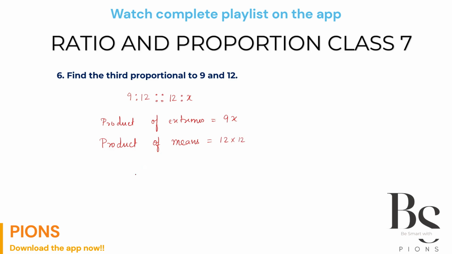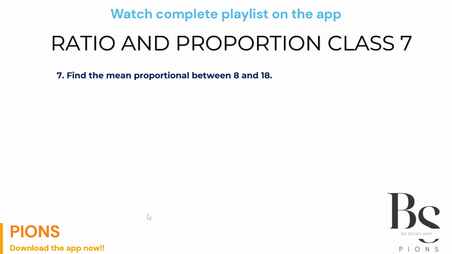Let's equate both to get the value of our x. That will be 9x equal to 12 into 12, and x will be equal to 12 into 12 whole divided by 9. Let's cancel out: 3 3s are 9, 3 4s are 12, 3 3s are 9, 3 4s are 12. So this will be x equal to 16. So 16 is the final answer. Let's move to question number 7.